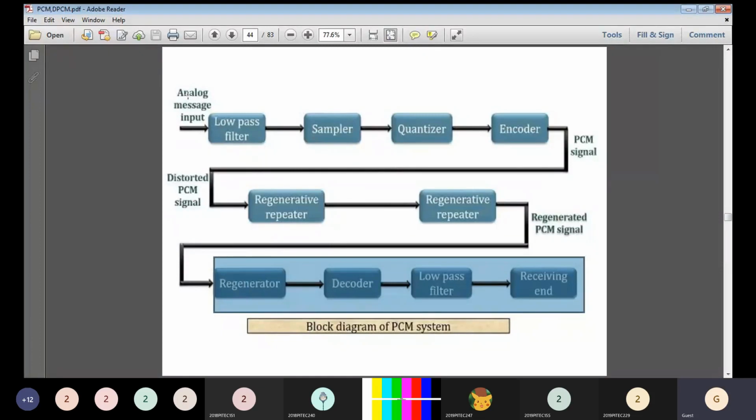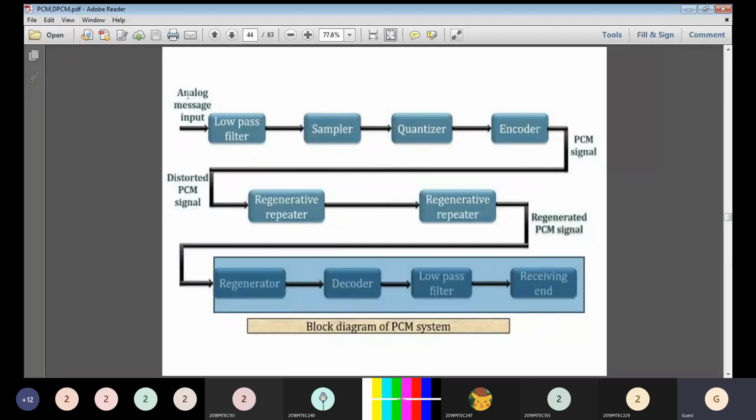With respect to our input signal, we get the pulses. That is, the input signal is coded with the help of the encoder.